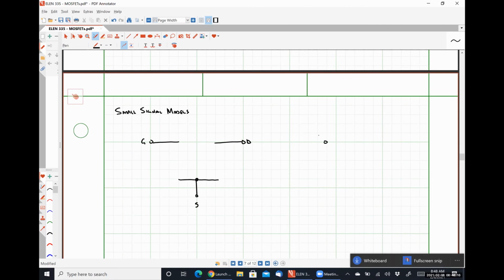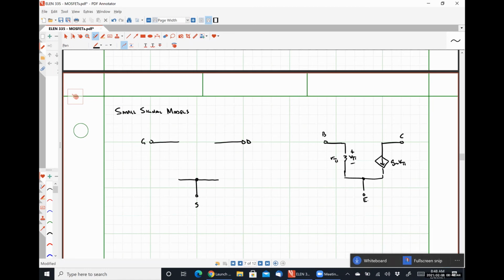So for our BJT, I'm just going to draw this because now I'm confusing myself. So we had R pi, here was V pi, we had gm V pi, here was our collector, down here was our emitter, right? Okay, that's what we had.